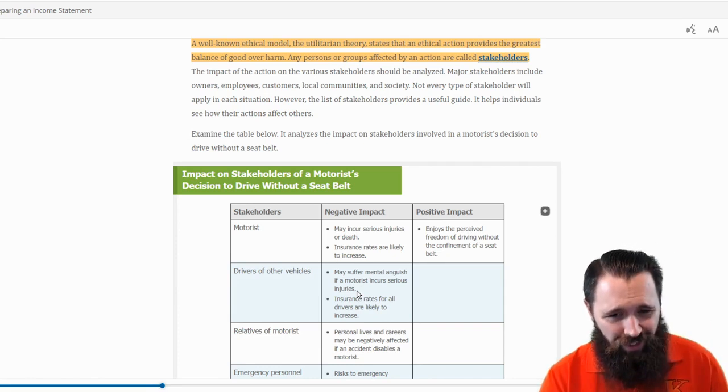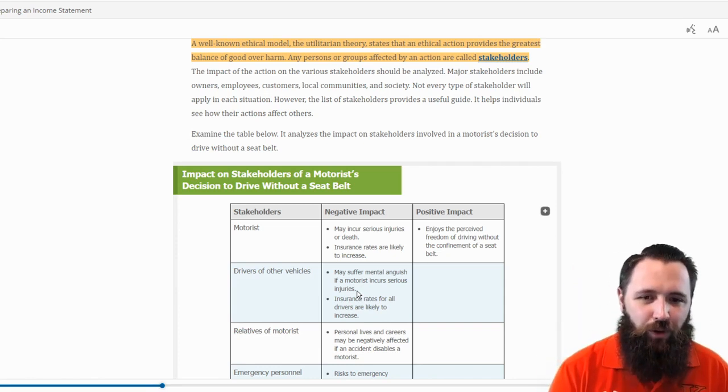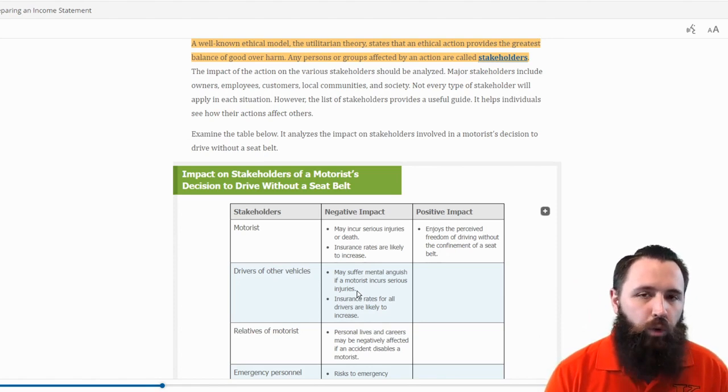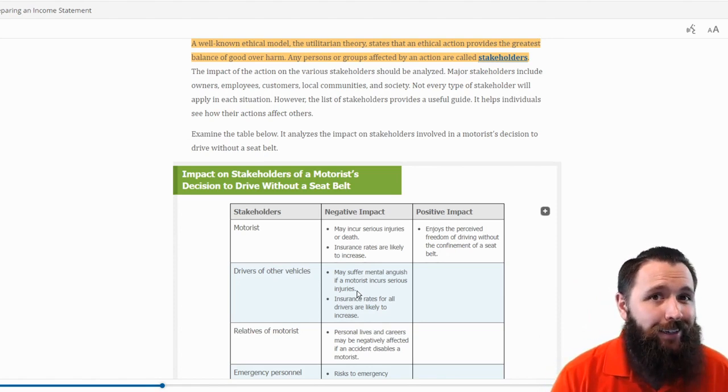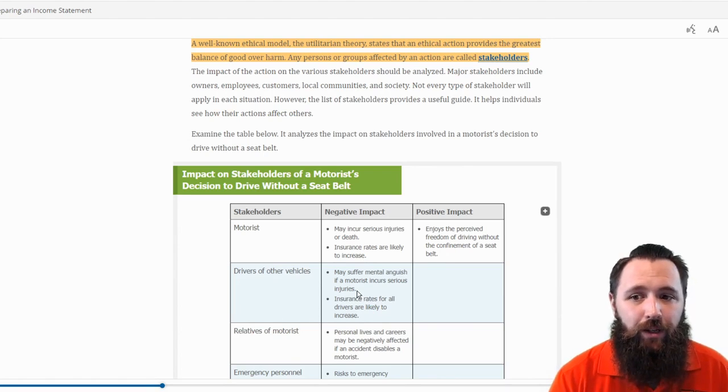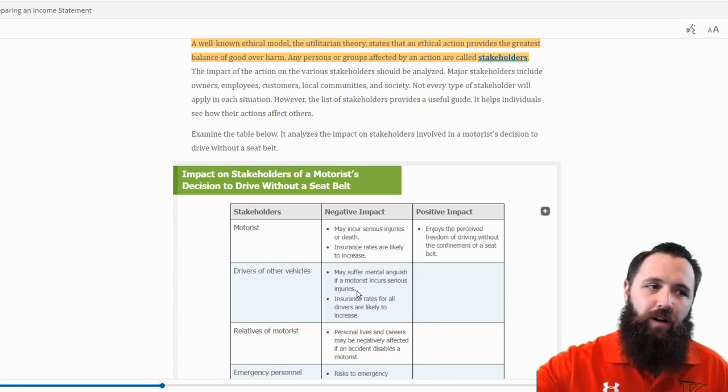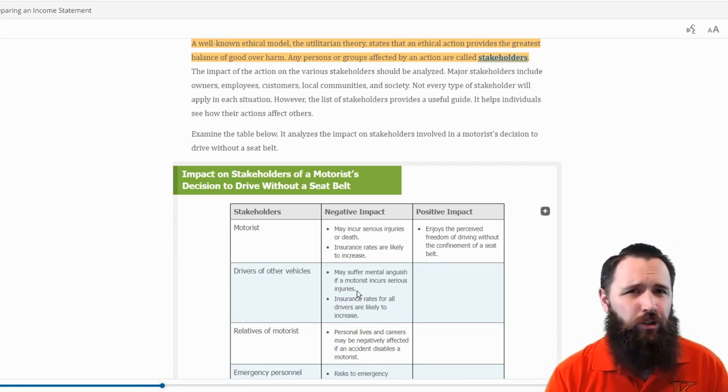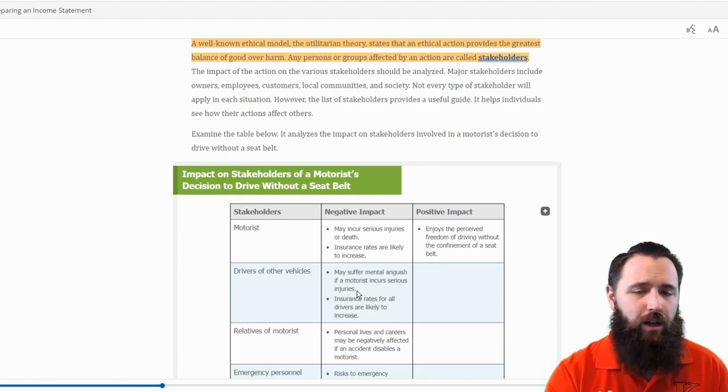So when we think about this, you could be a stakeholder for the Quick Trip gas station in Kaukauna, right? Because if they would go out of business, maybe the next gas station is super far down the road from you, and you don't want to have to drive outside of your little zone to fill up your gas tank.